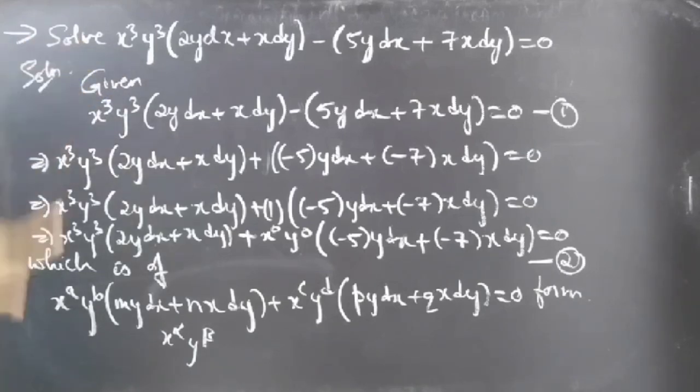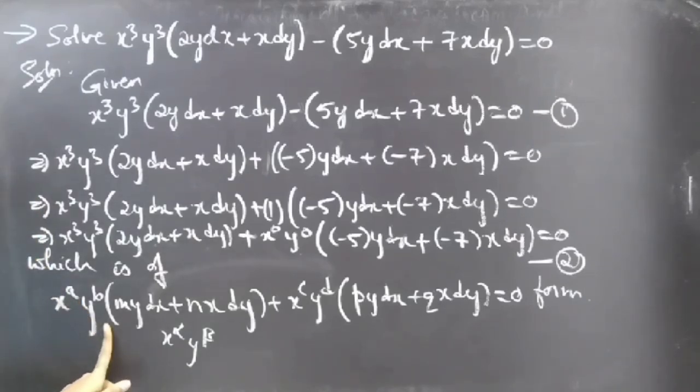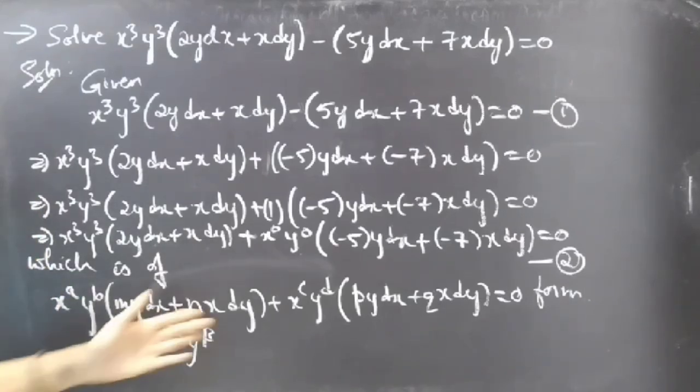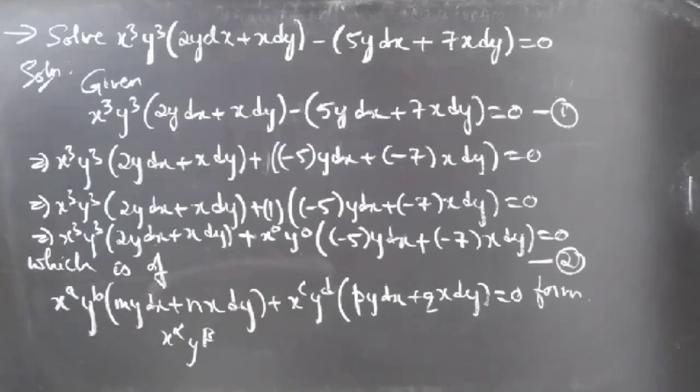Because this is of this form: x power a y power b into some two terms, and this form. So by looking at the equation itself we can say this is of this form, and here x power alpha y power beta is the integrating factor. And it is non-exact.